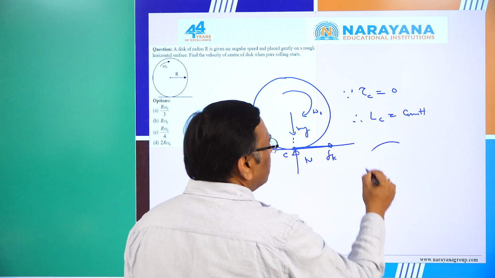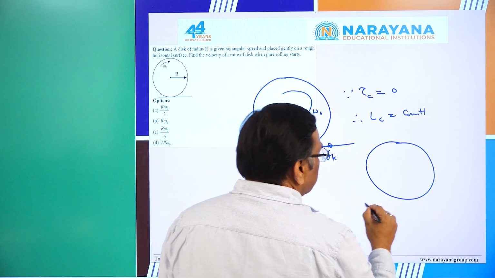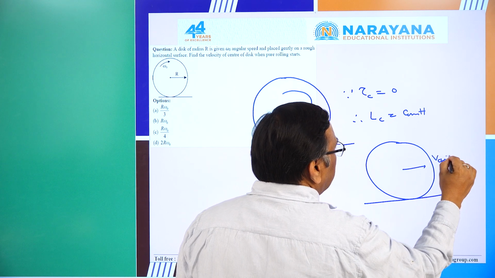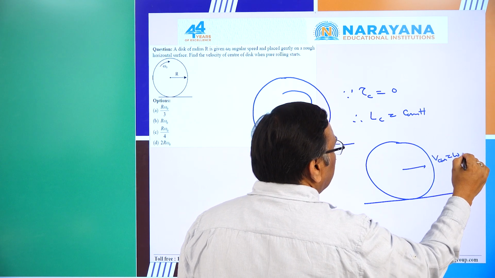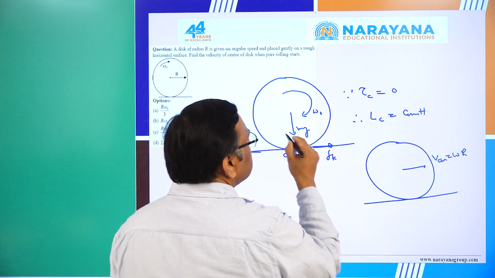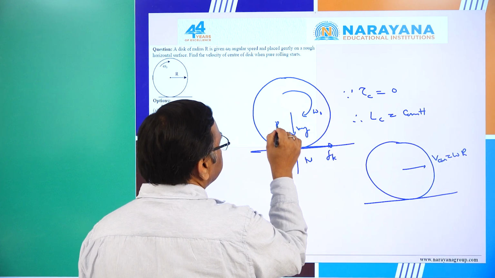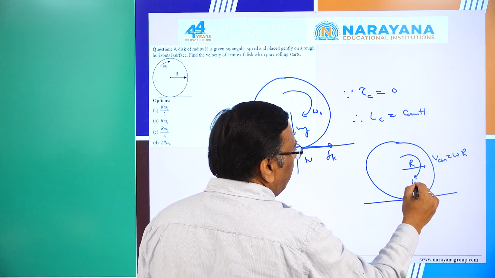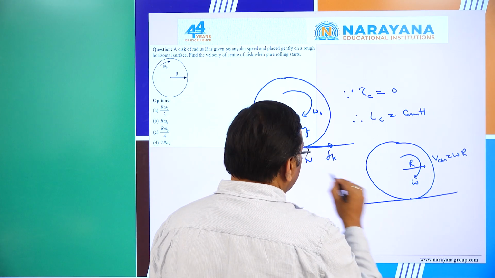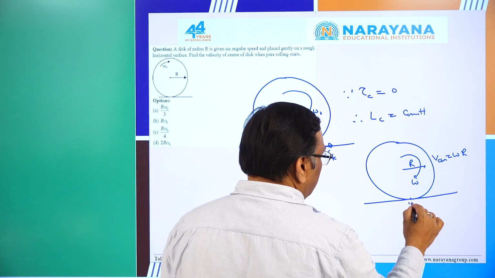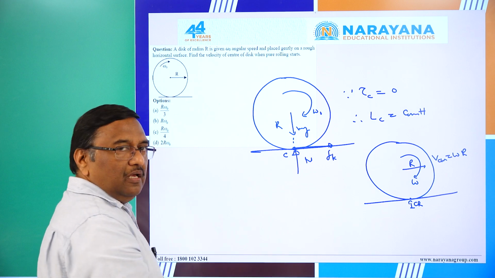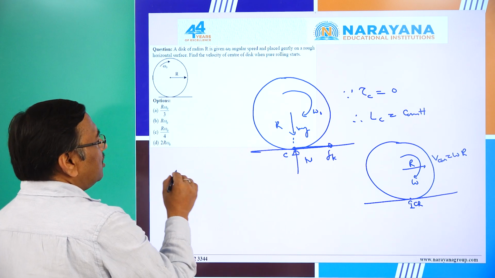So at the instant of pure rolling, I can say my velocity of center of mass must be equal to omega into radius, if I consider this radius to be r here. And this body is having angular velocity omega. So again, if I write the angular momentum about this contact point, now the contact point is becoming ICR in case of pure rolling, but not in the beginning. So you can write conservation of angular momentum.